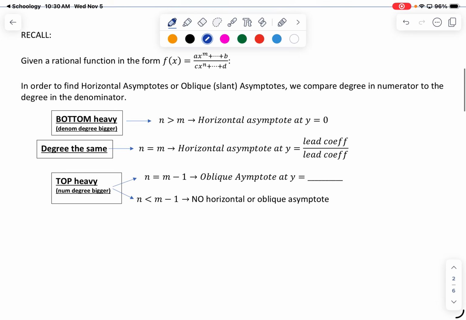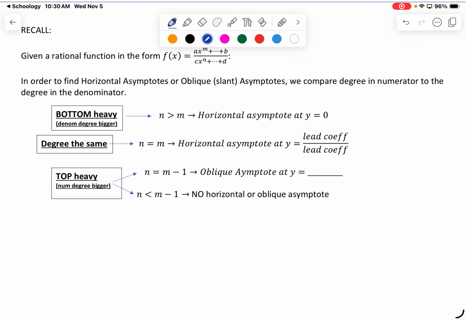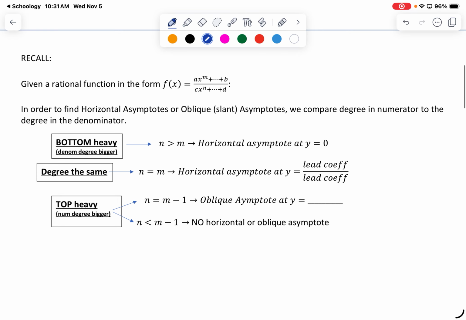Okay. All right, so as a reminder, when you have a rational function and it's in standard form, the degree in the numerator we'll call m. The degree in the denominator we will call n, and that's in this right here. This is m, n, okay? So when we're comparing those two, it tells us whether we have a horizontal asymptote or oblique asymptote.